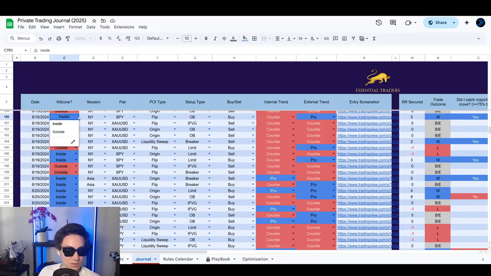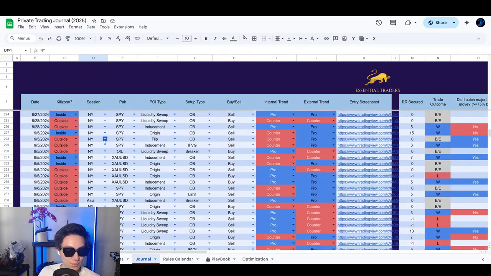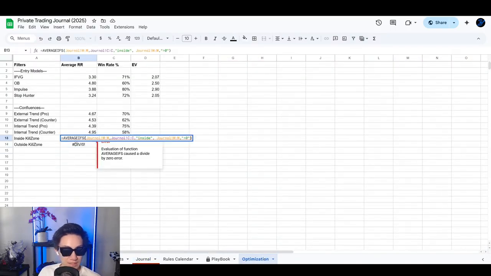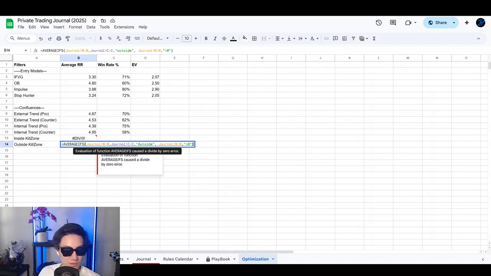Alright, I guess we won't be able to do this for now. Inside and outside kill zone. Don't know why, but it's not working.